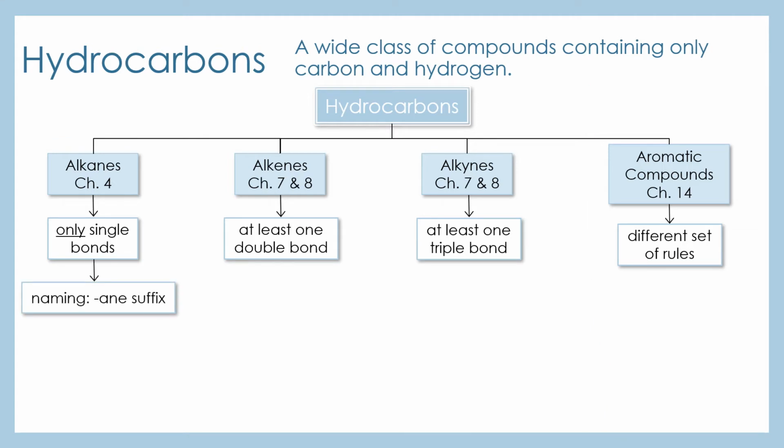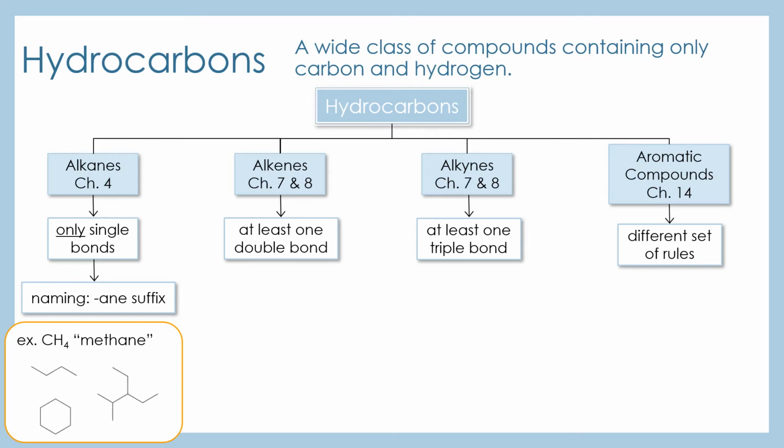When you're naming an alkane, it uses the ane suffix. So for example, CH4 is called methane. The meth prefix says there's one carbon, and the ane suffix tells us that there are no multiple bonds between carbons. Other examples include butane.